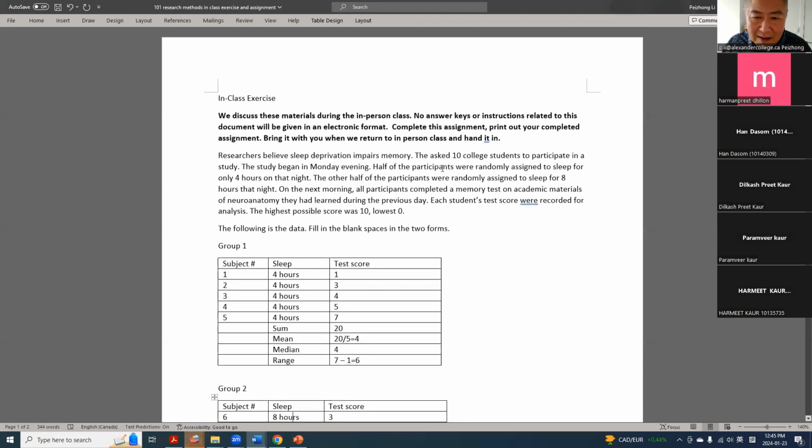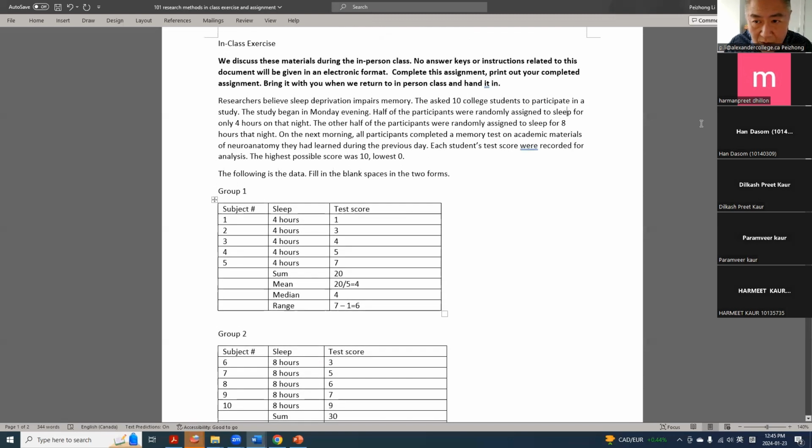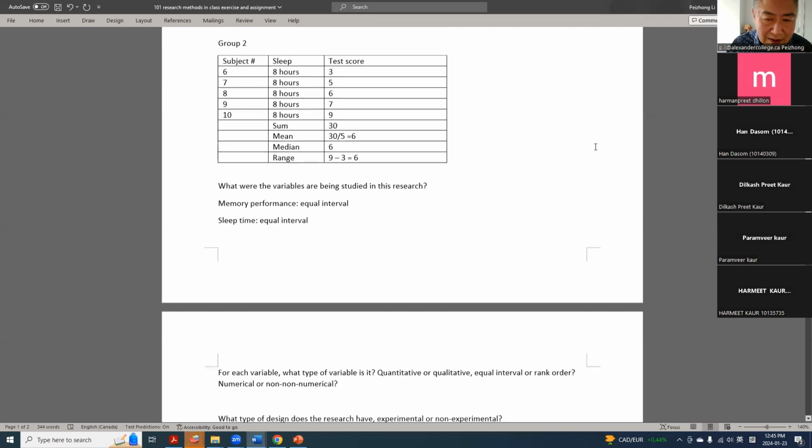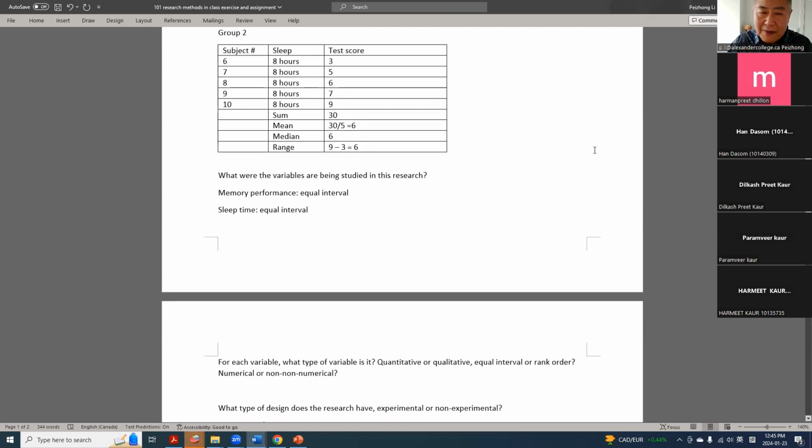Another thing it has is random assignment. Participants were randomly assigned to sleep for 8 hours or 4 hours. The participants don't have a choice. And that makes it experimental research. 2 things make it experimental. Number 1, different treatment conditions, different treatment groups. Number 2, random assignment.